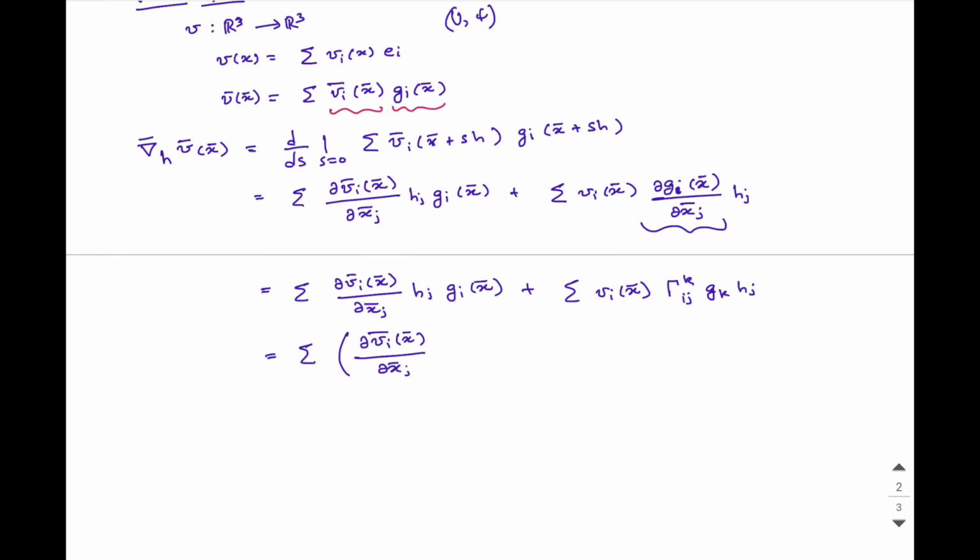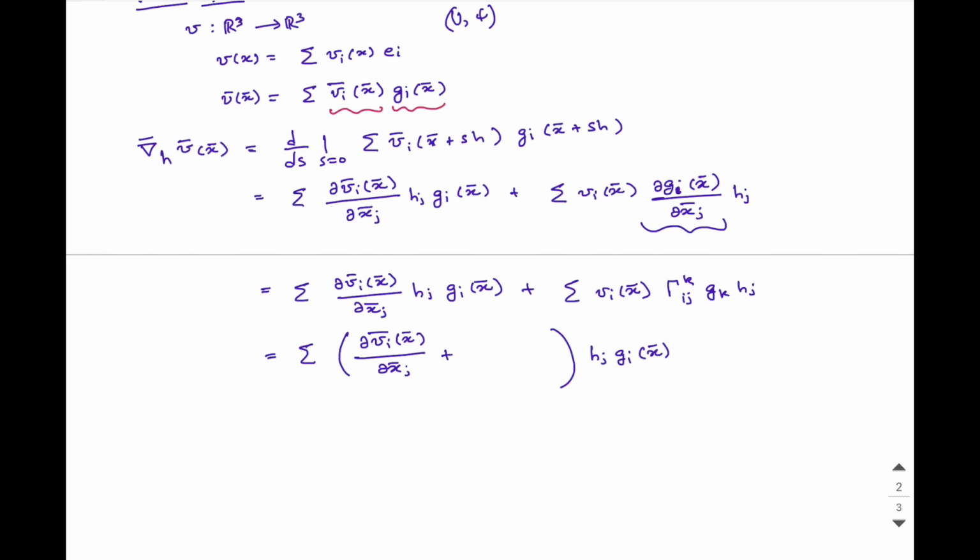Okay, and I'm going to take h_j g_i of x bar totally outside, so I need something here, and outside this expression I'm going to have h_j g_i of x bar.